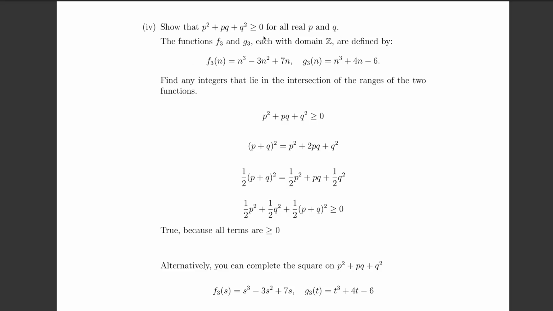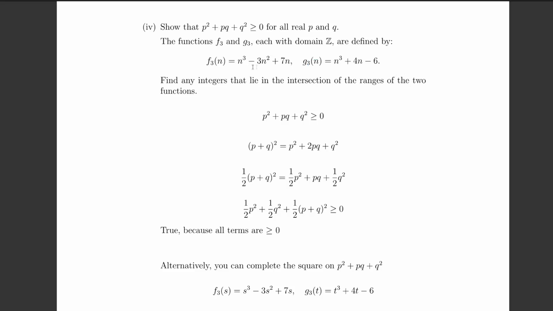So when you set them equal to each other, you could try a bunch of things. One of them could be to use the difference of two cubes, right? But when you try and do that, you realize that this squared term in the f3 function becomes really hard to deal with because there's no squared term in the g3 function, right?